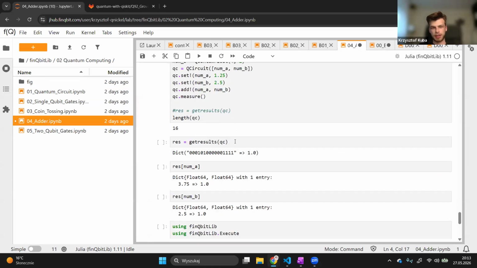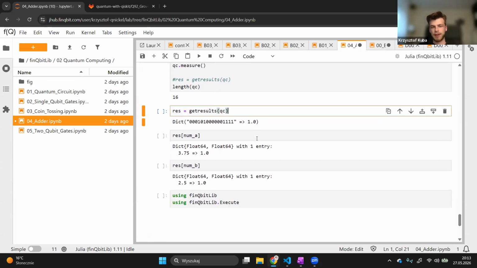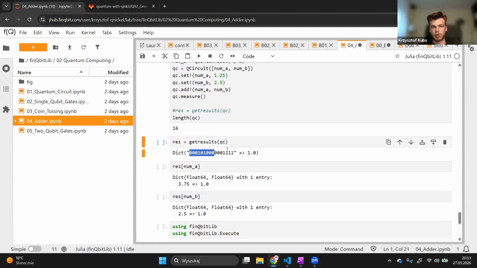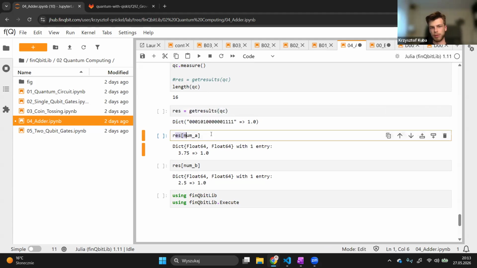So let's say in finance, we are dealing with stock prices, which are floating point numbers, right? But in a quantum computer, we're dealing with bit strings in binary representation. So we can represent this as a floating point quantum number.